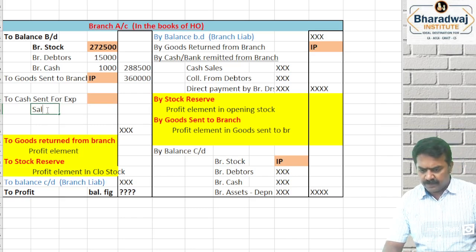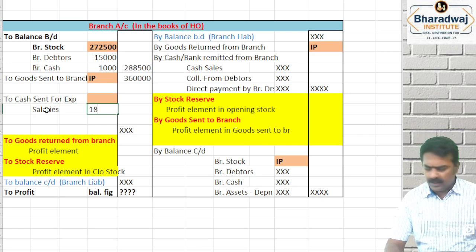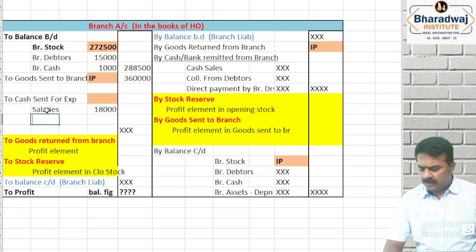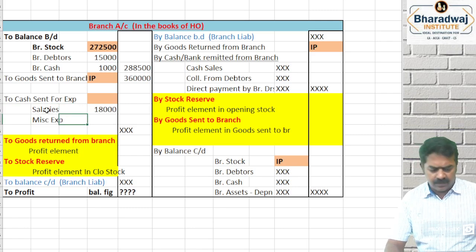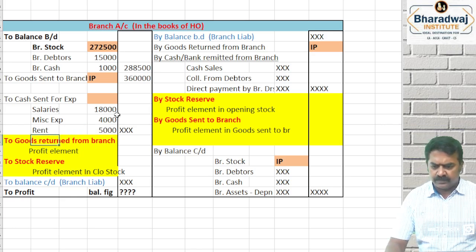Salary is how much? 18,000. Miscellaneous expenses 4,000. Then rent and taxes 5,000. That's it. Yeah.